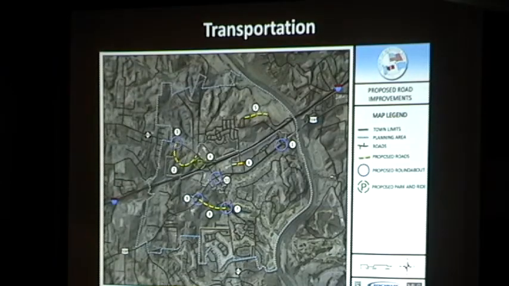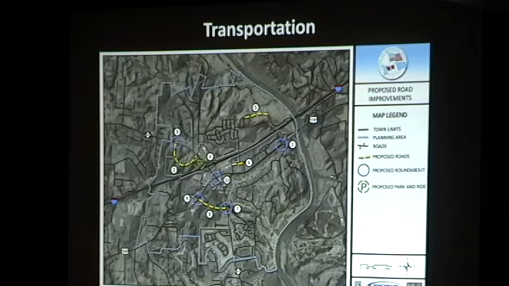Of course, this is a proposed road improvements map where you see the yellow lines would be new roads or connections. Some of them would be through developer initiation. As development occurs, the developer would put in that road, and one of those connections would involve the town being involved in that. The circles indicate intersection improvements, potentially roundabouts.